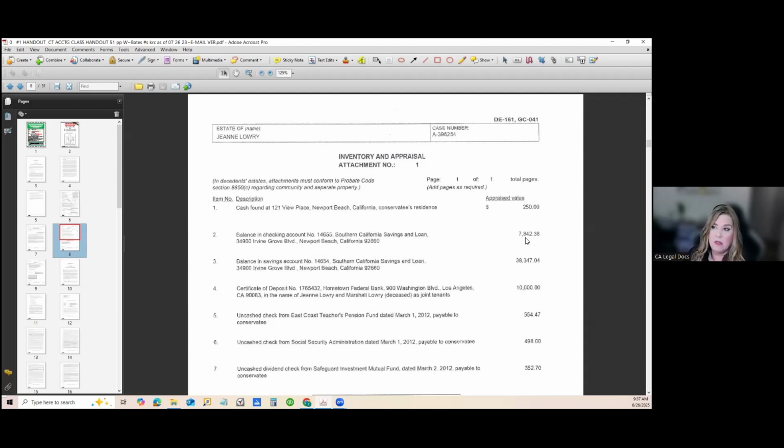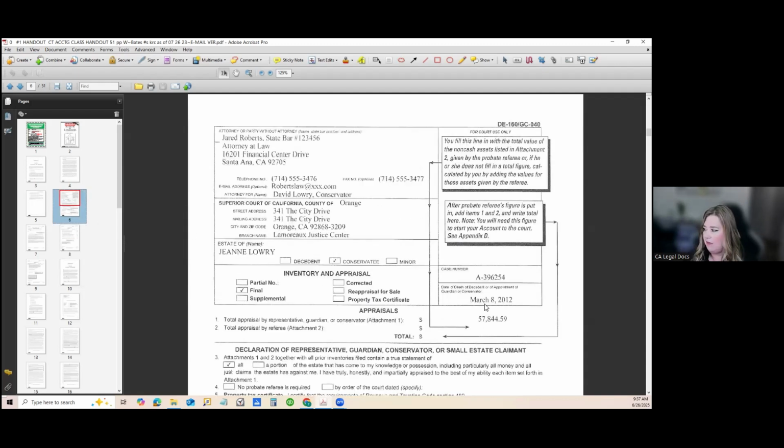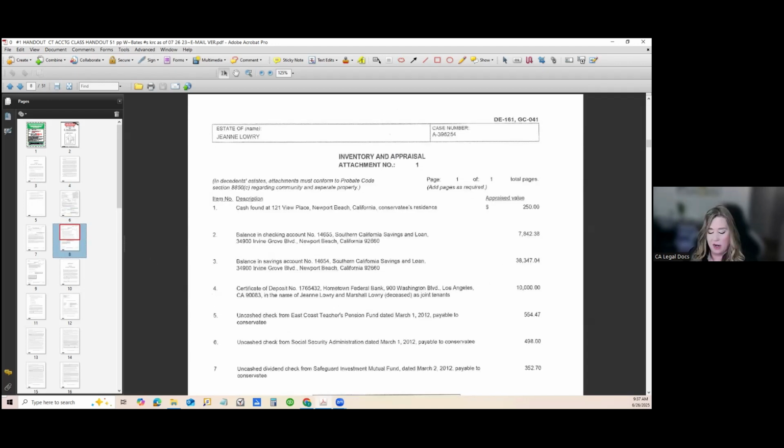Sometimes people ask me, well, a check cleared on March 8th, which is the day that I have this number. I do not include that check. I state it was written before the appointment of the conservator or the administrator or the guardian, so I don't count it. So I will count the end of the day balance on that account.